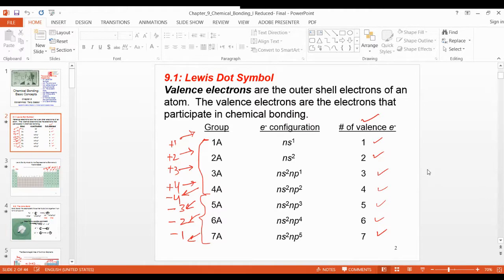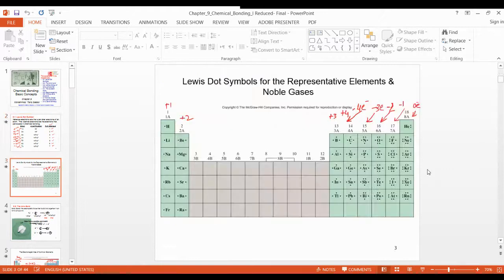Why minus 2? The 6 electrons are very difficult to release, but 2 electrons are easy to accept, so it becomes negative 2. So group 6 is always negative 2, group 7 always negative 1, and group 8 always 0, right? In this way you should write the Lewis dot formula according to the group.